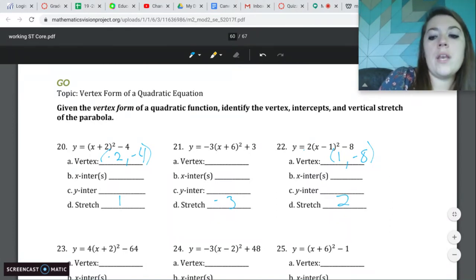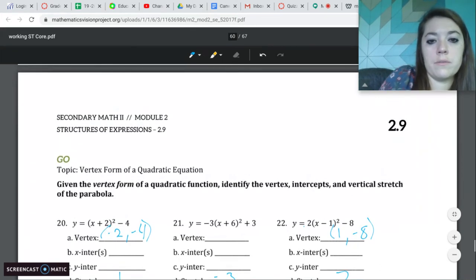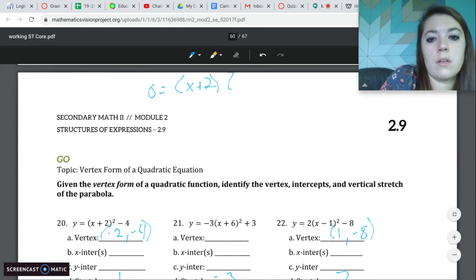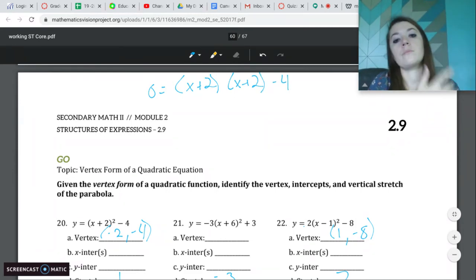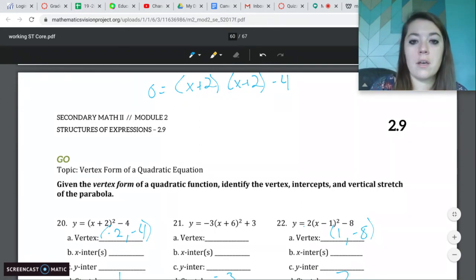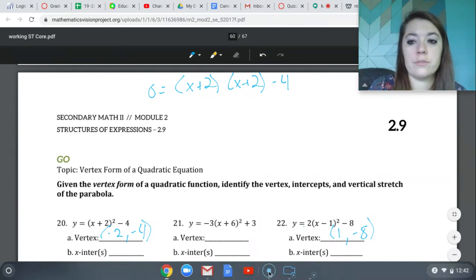So we've got 0 equals (x plus 2) and (x plus 2) minus 4. For this, what we need to do is get this into quadratic form and then solve, and FOIL this.